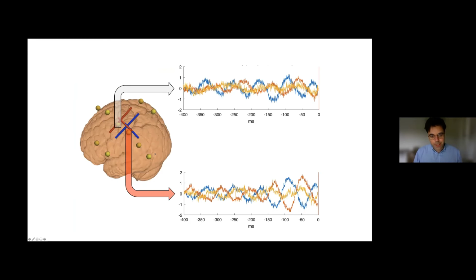We tried many different ways. The motivation is that if you move the electrodes a little bit, just because you're shifting the cap, for example, you end up measuring a different signal, even if this is only a centimeter or an inch further anterior. The oscillation that you get is shifted in phase.